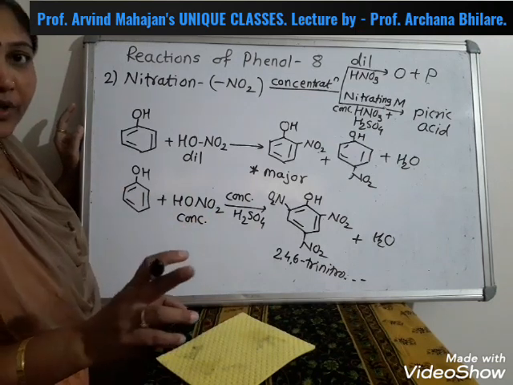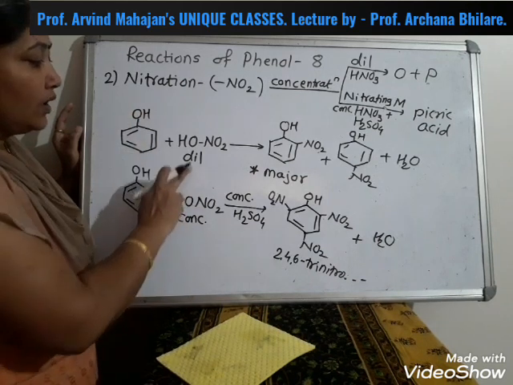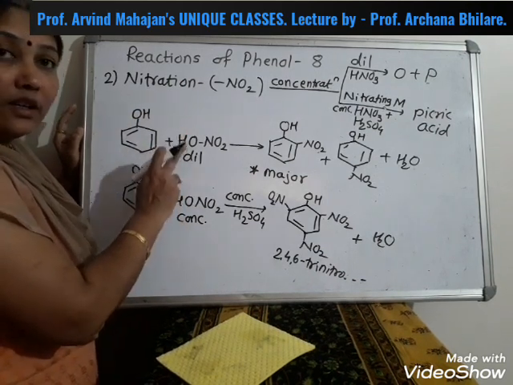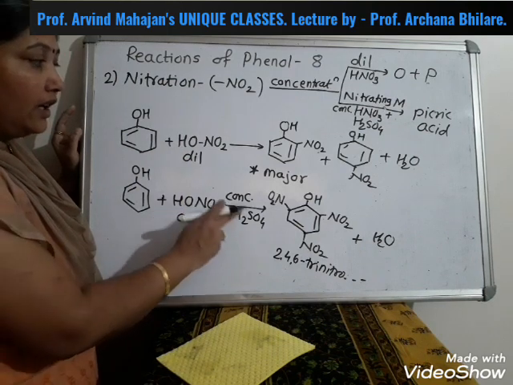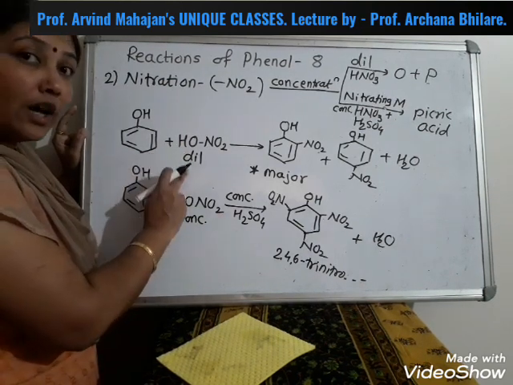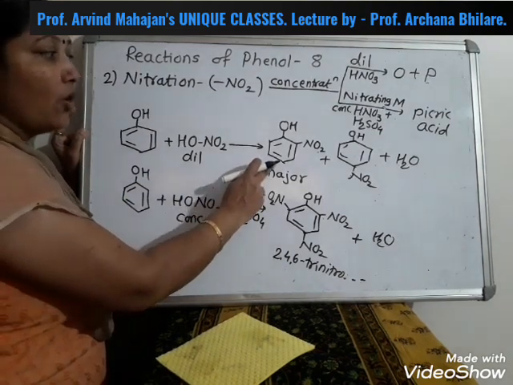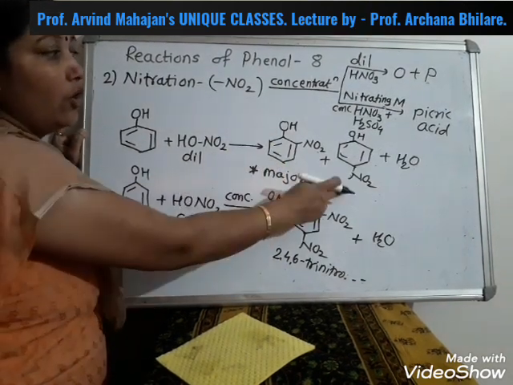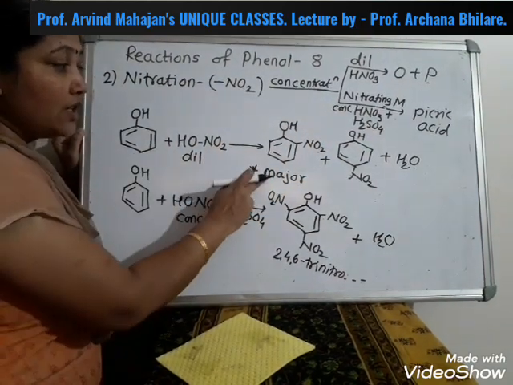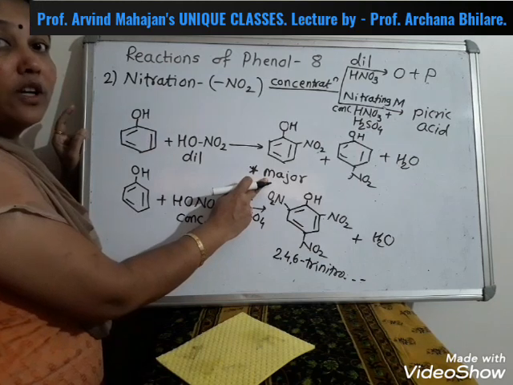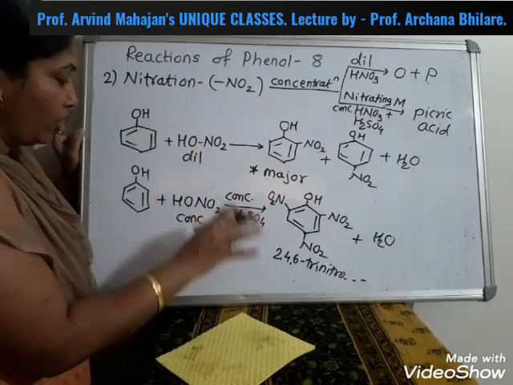Is this clear? So nitration of phenol is carried out by using either dilute HNO3 or by using nitrating mixture. If we use dilute HNO3, then we get a mixture of orthonitrophenol and paranitrophenol, out of which orthonitrophenol is major due to hydrogen bonding.